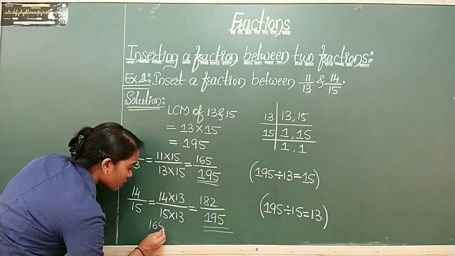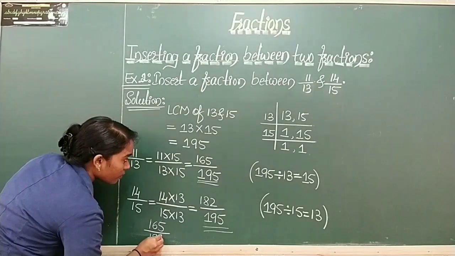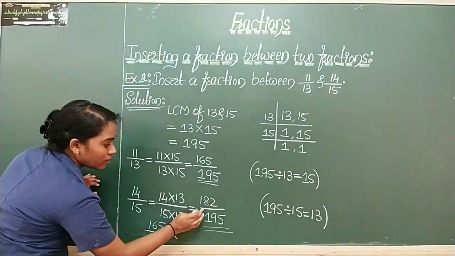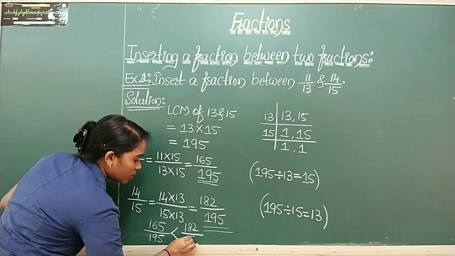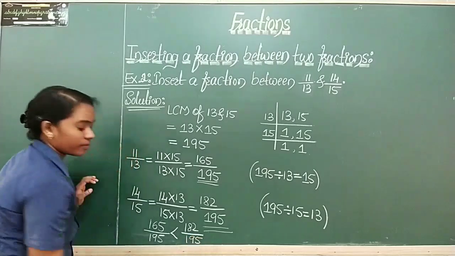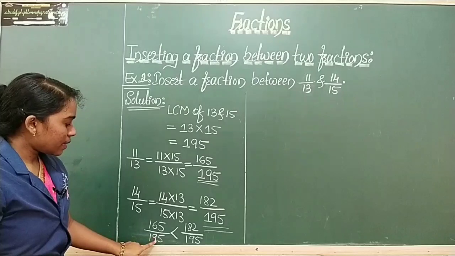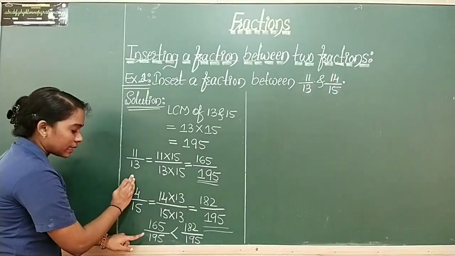Which is the smaller fraction here? 165 by 195, which is smaller than this fraction, 182 by 195. So this implies, see here, 165 by 195, which is equal to 11 by 13.